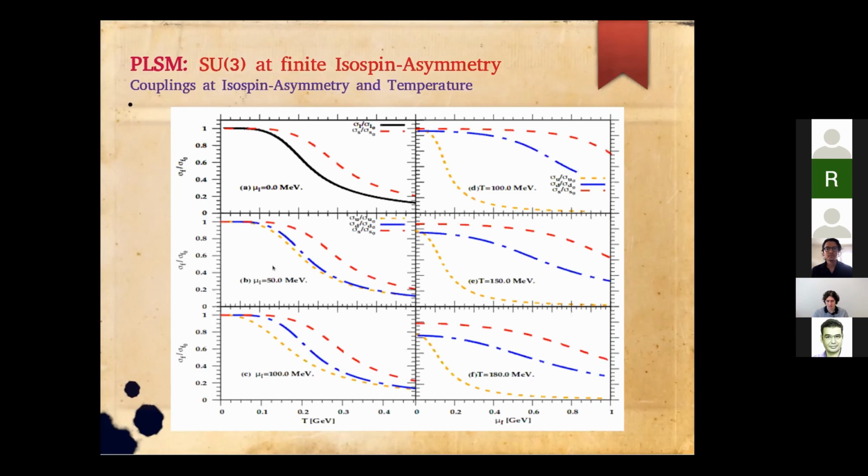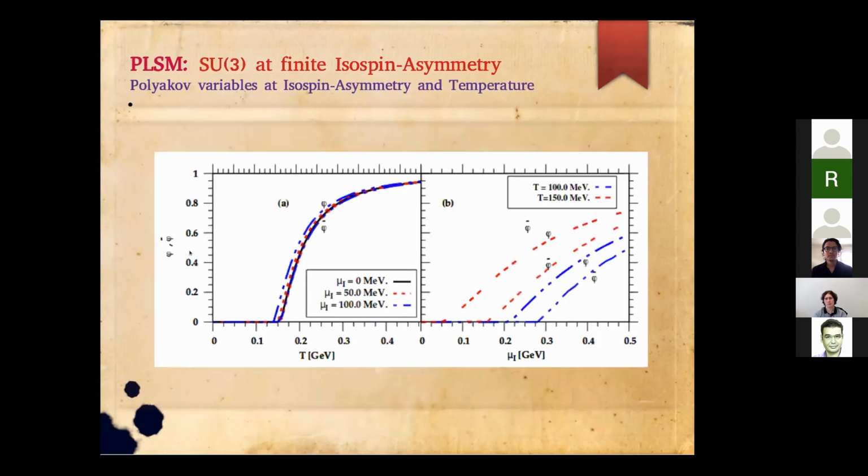But if we increase the isospin chemical potential to 50 MeV and here to 100 and so on, we see a very distinguishable difference between the three condensates. Here I'm showing the Polyakov variables as a function of temperature and various chemical potentials 0, 50, and 100.